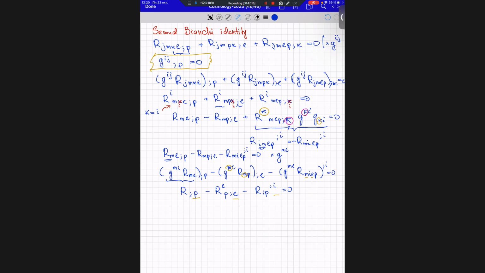The first summand I can represent as delta, the unity tensor, L P, R covariant L. I can do it.